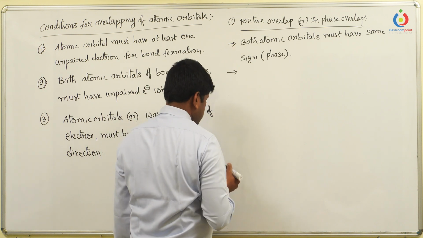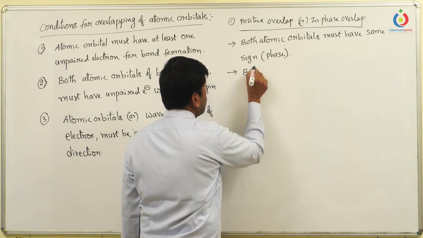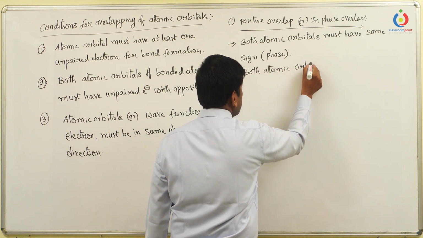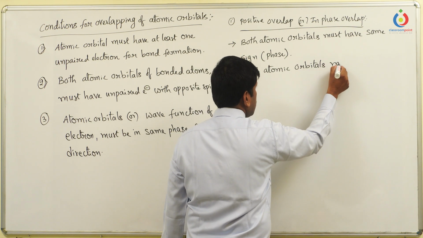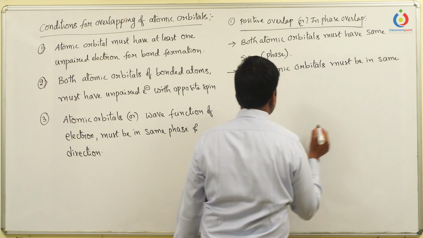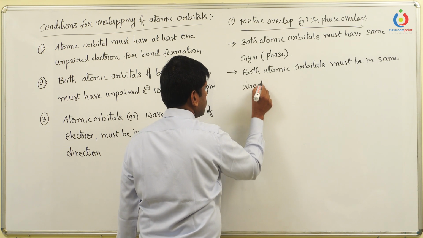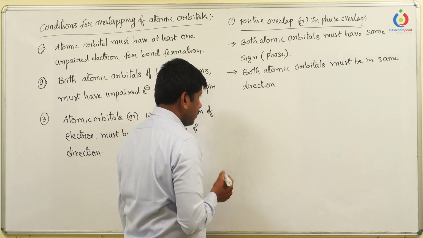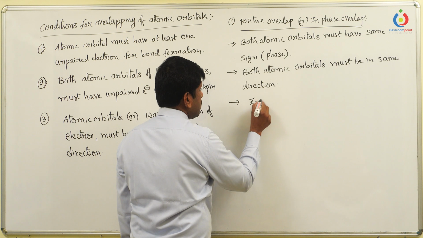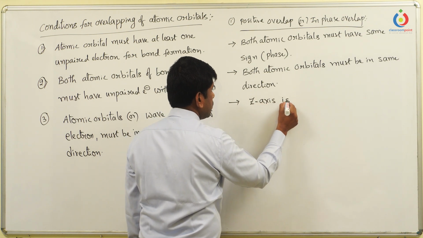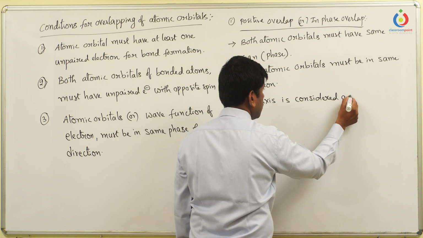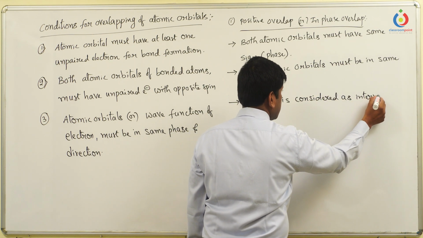The second is that both atomic orbitals must be in the same direction. And here the z-axis is considered as the internuclear axis.